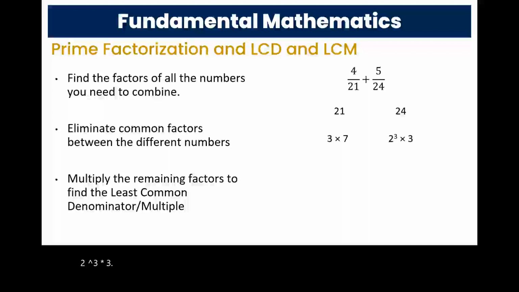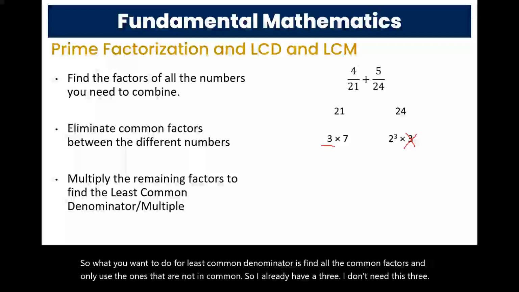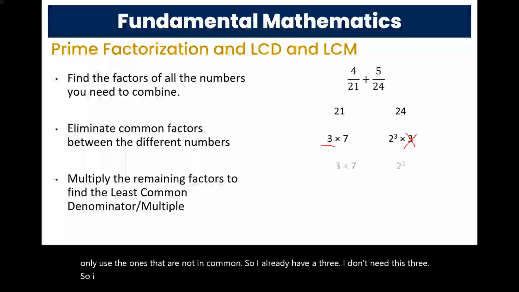So what you want to do for least common denominator is find all the common factors and only use the ones that are not in common. So I already have a 3. I don't need this 3, so I can cancel that 3 out, and really my common denominator needs to be a combination of 3, 7, and 3 2s.